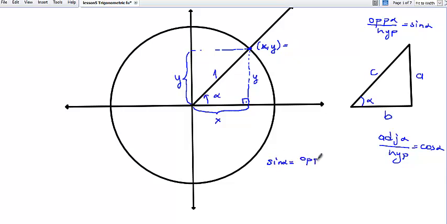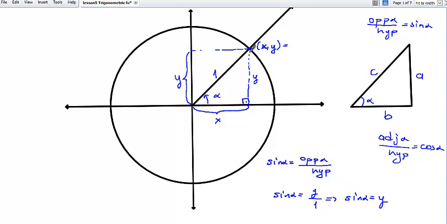Then we know this is 90 degrees, and we know that sine alpha is equal to the opposite side over the hypotenuse. In the unit circle, when the radius is 1, the opposite side length is y and the hypotenuse is 1, so sine alpha is equal to only y.